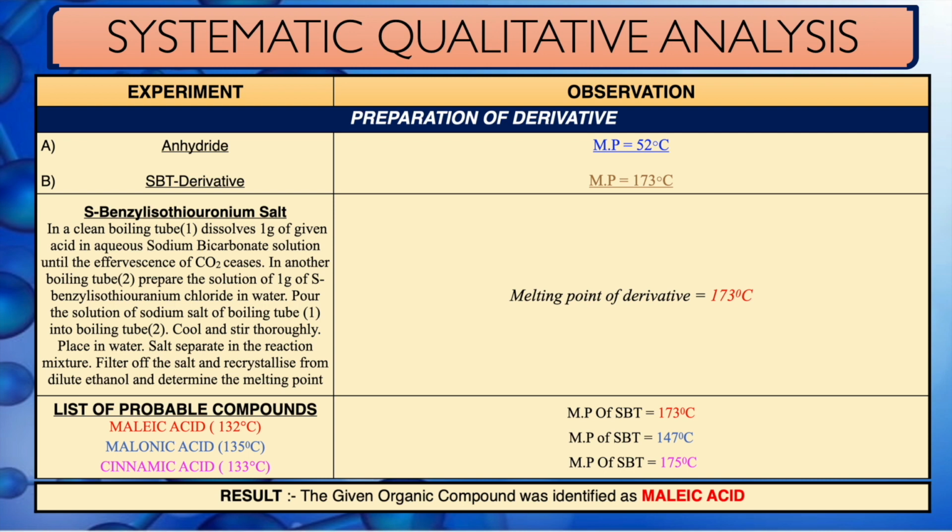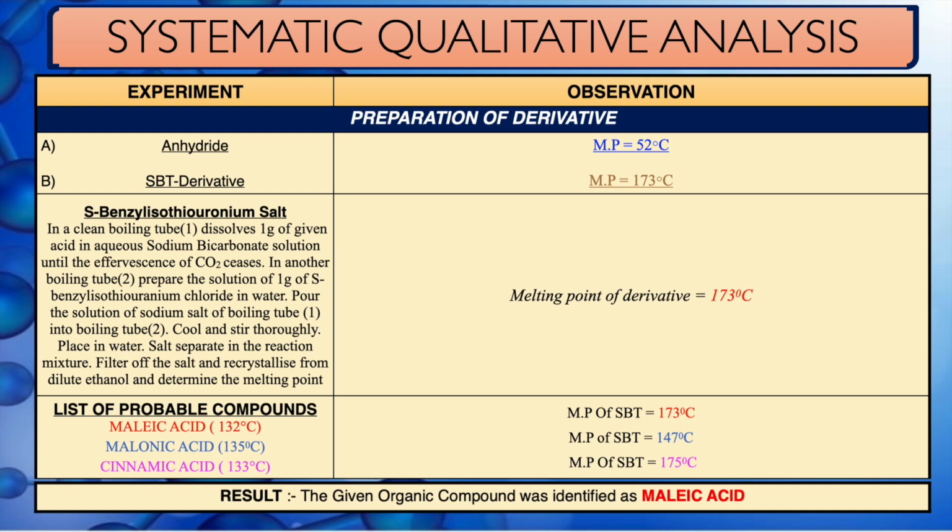The second compound is malonic acid with melting point of 135 degrees Celsius and melting point of its SBT derivative as 147 degrees Celsius. And the third one is cinnamic acid with melting point of 133 degrees Celsius and melting point of its SBT derivative as 175 degrees Celsius.